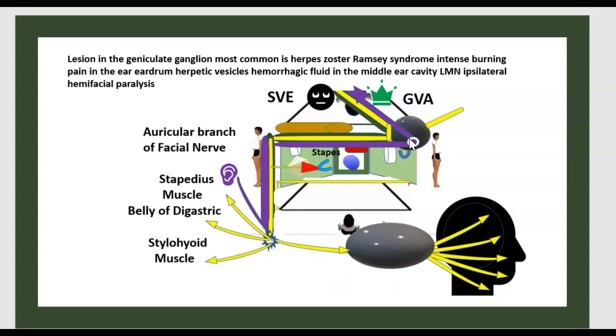It could cause Ramsay Hunt syndrome by compression of fibers in the facial canal by edema. Lesion in the geniculate ganglion, most commonly herpes zoster, Ramsay Hunt syndrome: intense burning pain in the ear, vesicles and hemorrhagic fluid in the middle ear, lower motor neuron lesion.